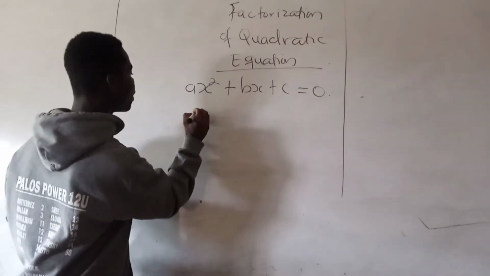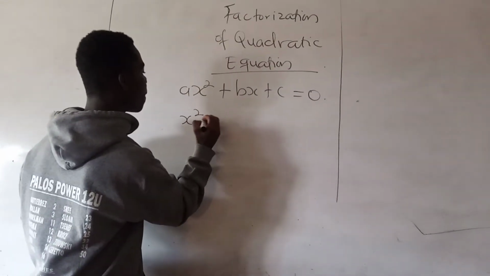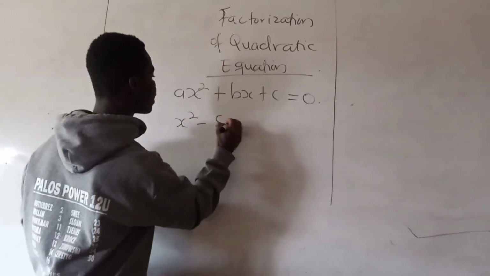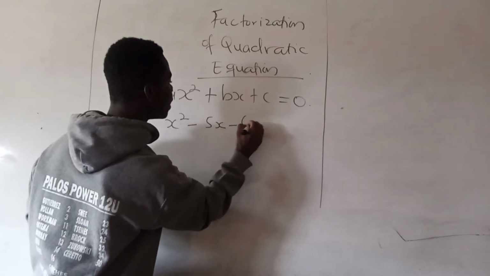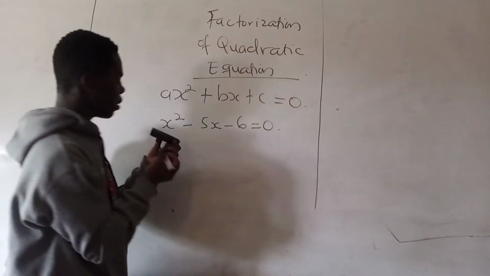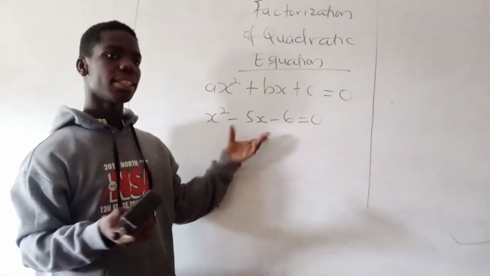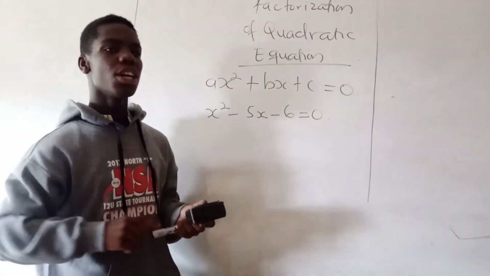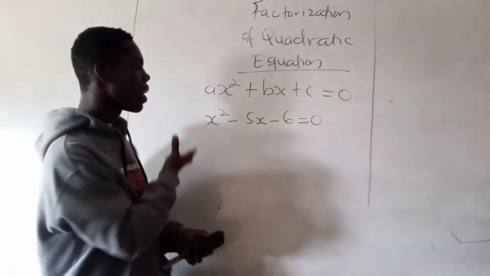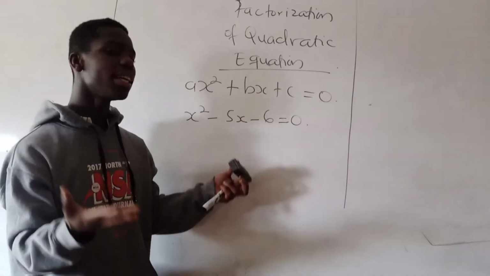Given x squared minus 5x minus 6 equals 0. We've been asked to factorize this. First, you take the coefficient of x squared and the constant c.